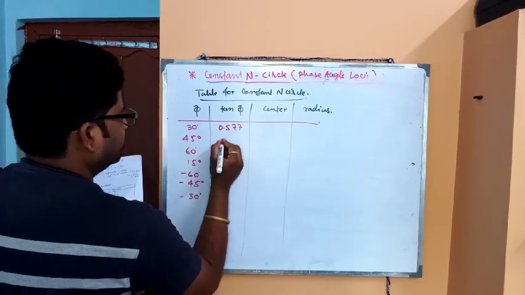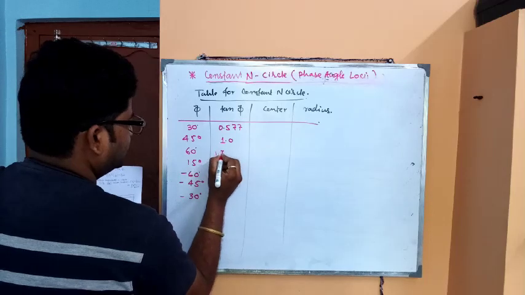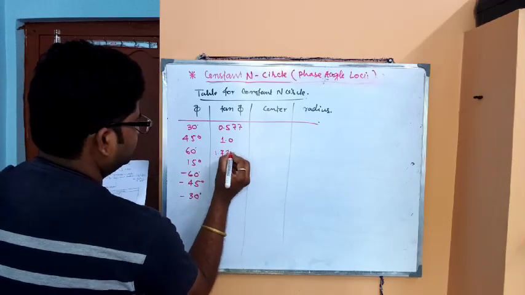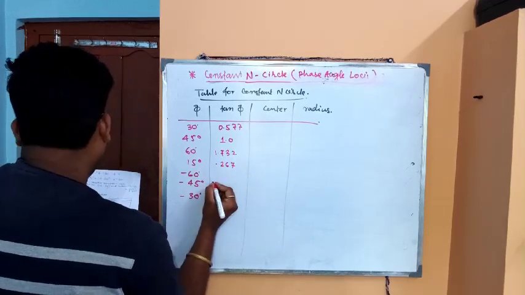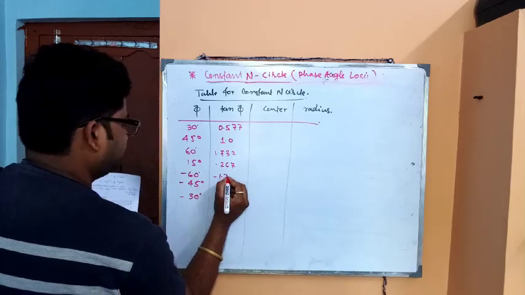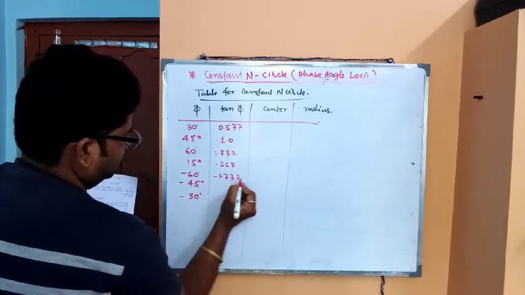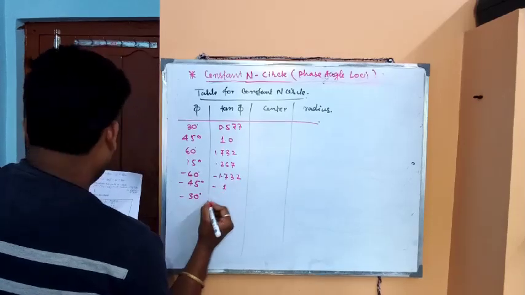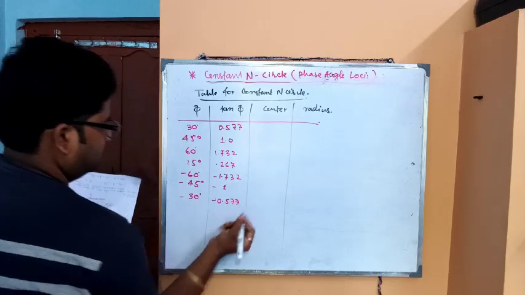For 45 degree it's 1.0. For 60 degree it is 1.732. For 15 degree it is 0.267. For minus 60 degree it is minus 1.732. For minus 45 degree it is minus 1. And for minus 30 degree it is minus 0.577.